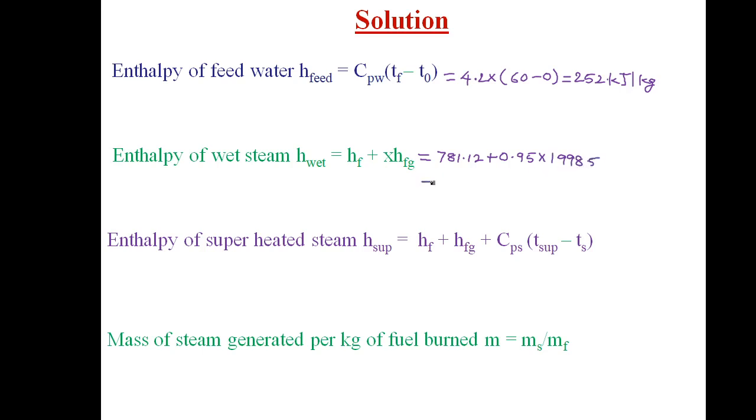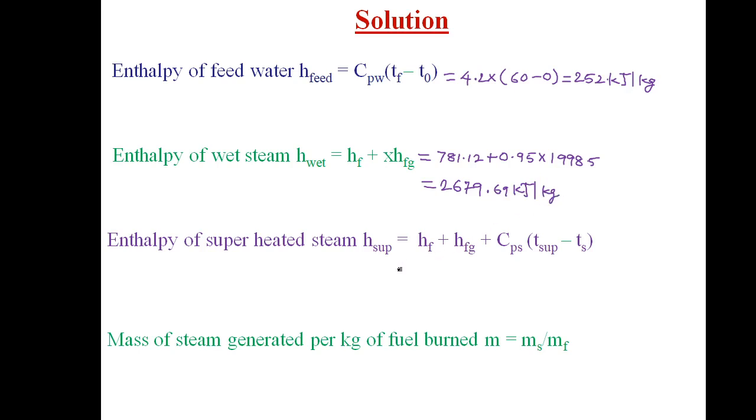On simplification, we find the enthalpy of wet steam as 2679.69 kilojoules per kg.